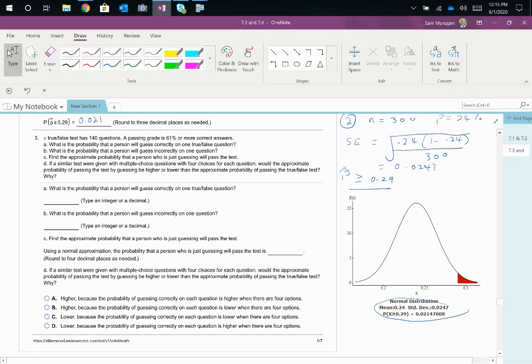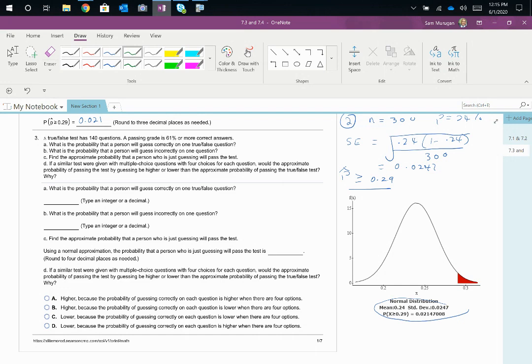All right, moving on. Problem 3, interesting question here. A true-false test has 140 test questions. A passing grade is 61% or more of correct answers. What is the probability that a person will guess correctly on a true-false question?